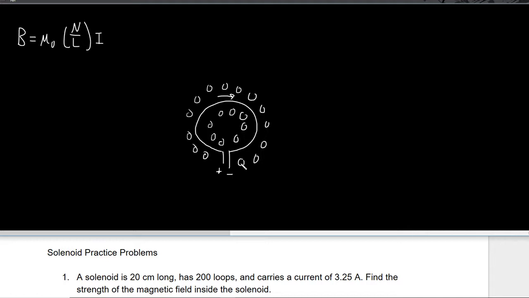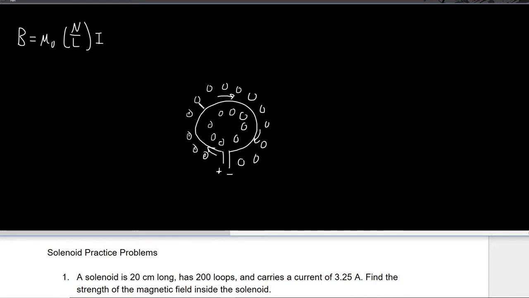All right, so starting off, right hand rule. If I put my thumb in the direction the current's going, down here it's going that way, over here it's going that way. So if I put my right thumb in the direction the current's going, it looks like the magnetic field is coming out of the screen around the outside.